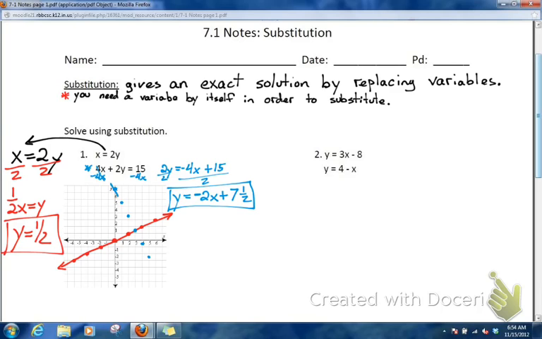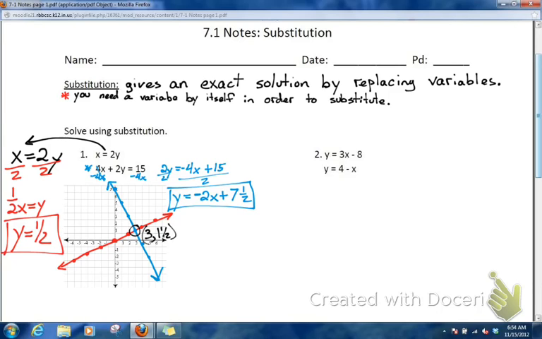So our second line is looking like this. And again, we're pretty sure but slightly unsure. Looks like our line crosses right here at 3, 1.5. But again, we can't be 100% sure because we're not right on a grid mark. But we're going to assume that that's 3, 1.5.